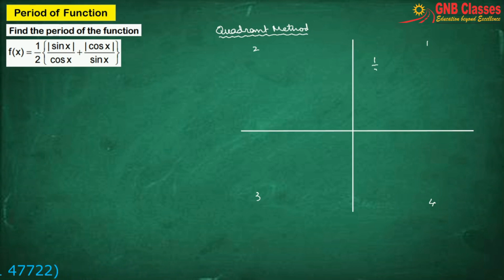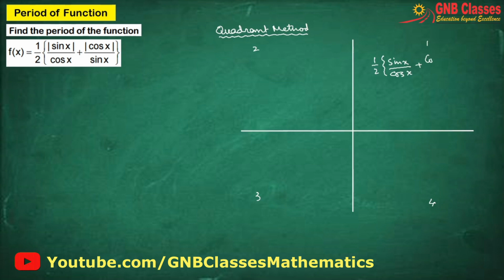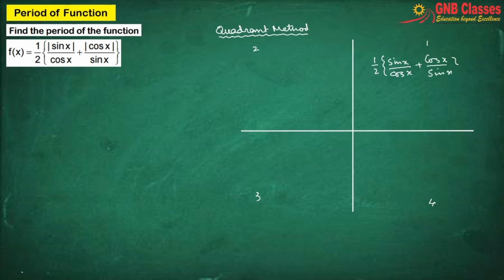So in the first quadrant, we will write half. In the first quadrant, sine as well as cos is positive. So it will be nothing but sin x by cos x plus cos x by sin x. That gives you half of tan x plus cot x. Is it clear? Now let us move to the second quadrant.